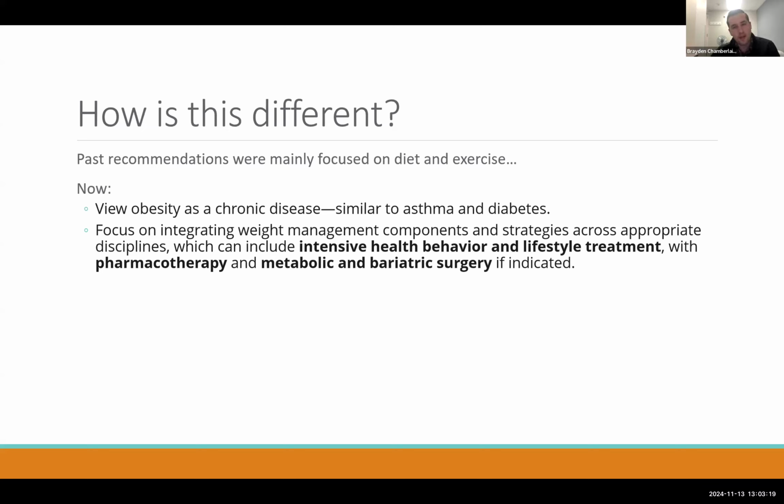No, we give them medications that can help them manage their conditions as well. And along those same lines, the new way to think about obesity in children and adolescents is to not only include the lifestyle and behavioral interventions, which we should include, but also to consider adding on some form of pharmacotherapy or bariatric surgery if indicated.